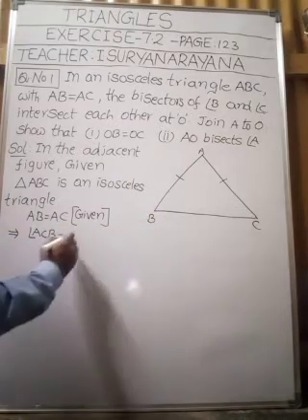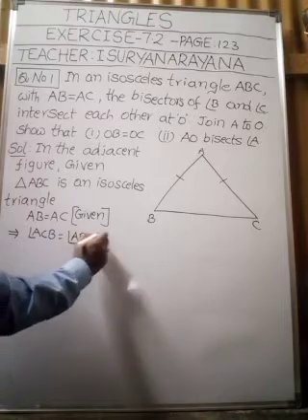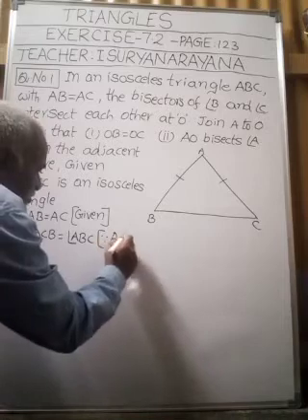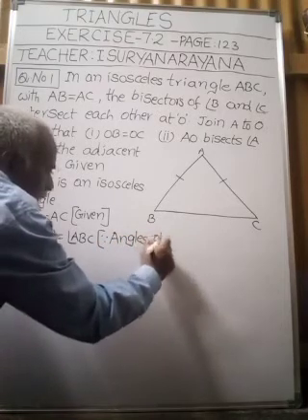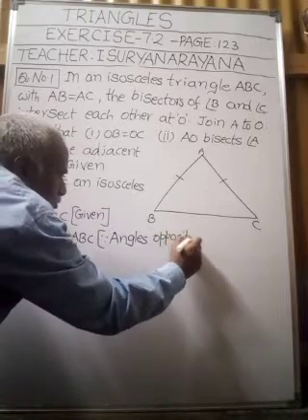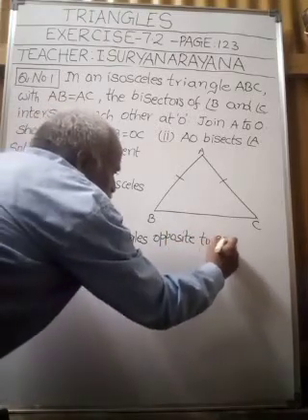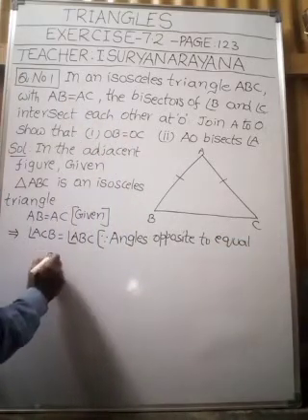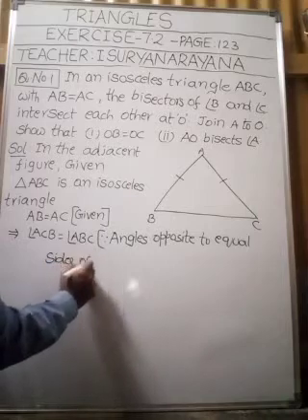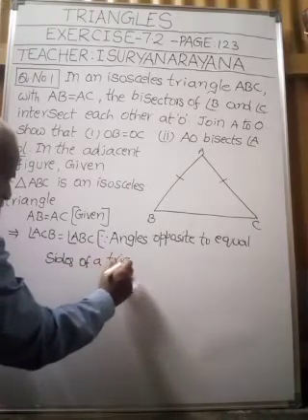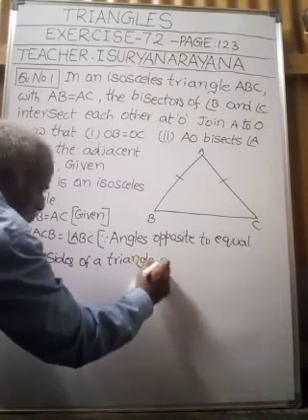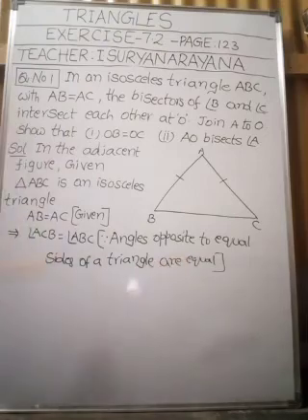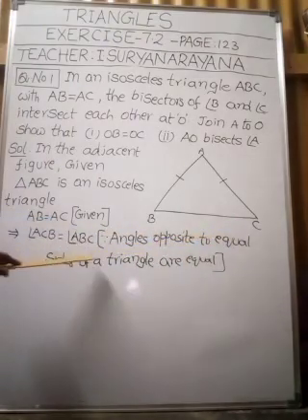Angle B, so angle ABC. Because angles opposite to equal sides of a triangle are equal.